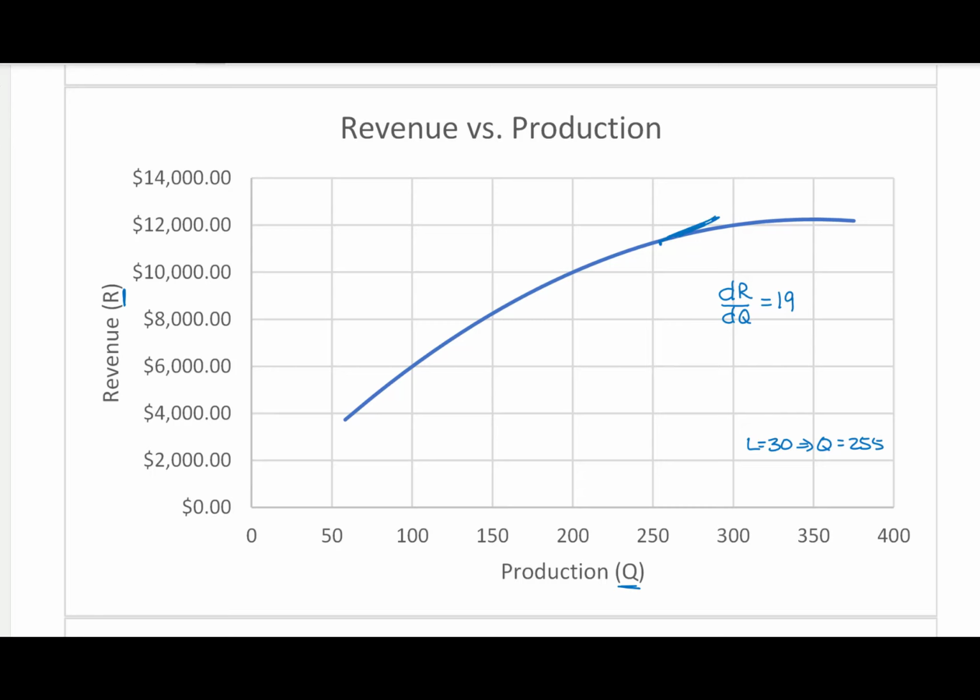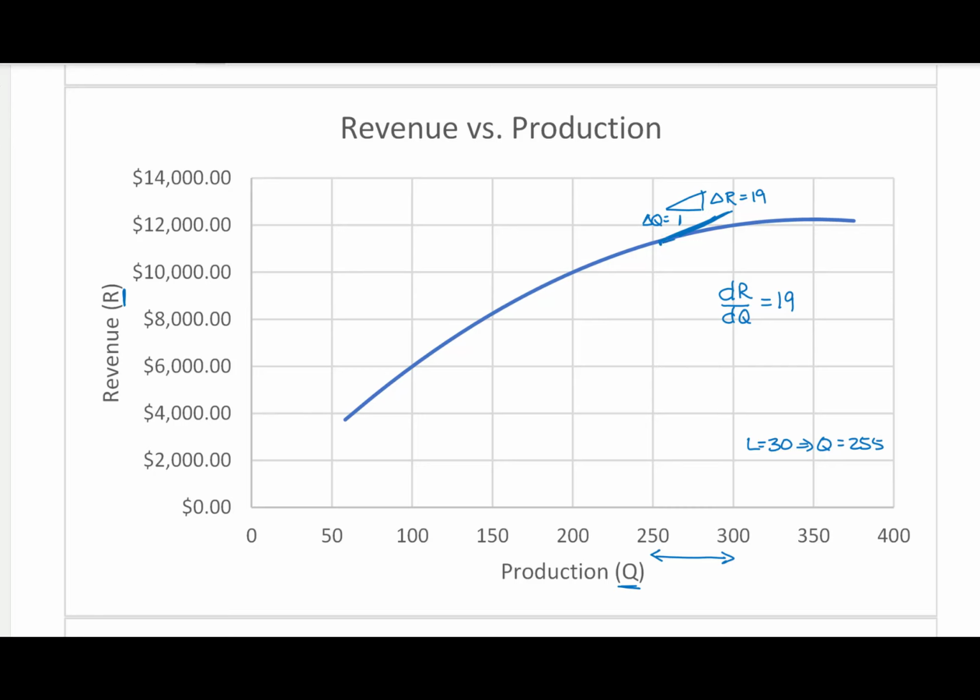But if I were to zoom into this place right here, what it's saying is that a 1 unit change in quantity would give us a change in revenue of 19. But you can see from this scale, where this is 50 units wide, it's really hard to show what just a 1 unit change will be.